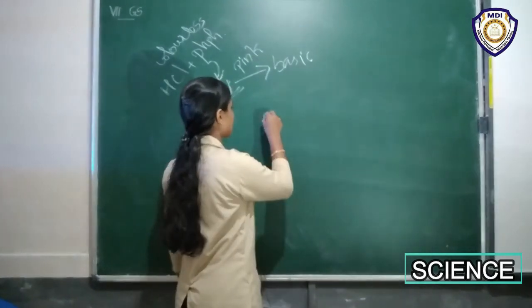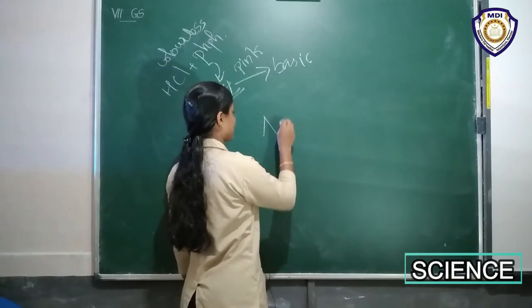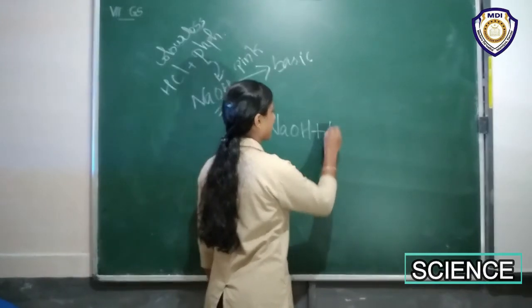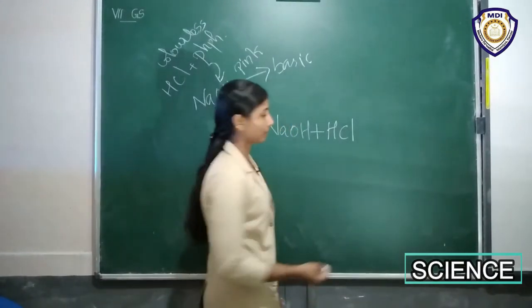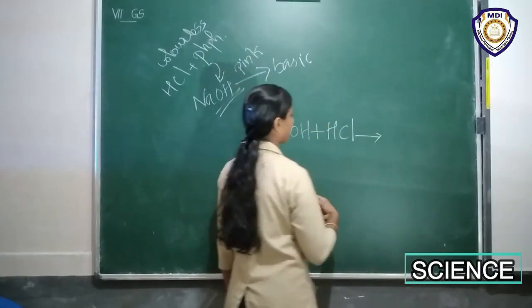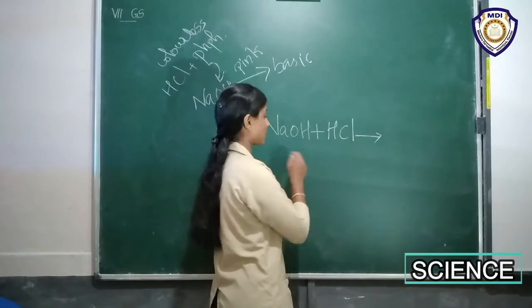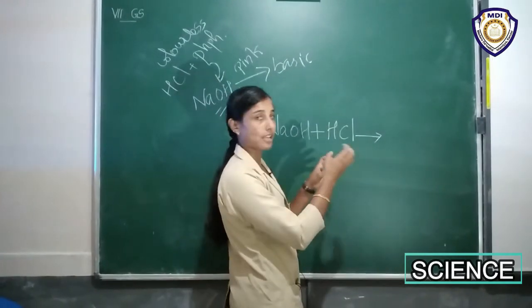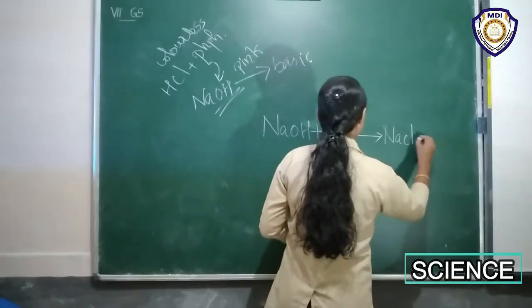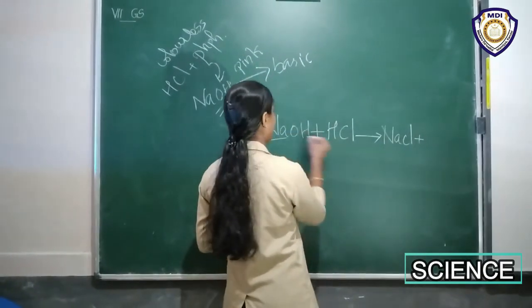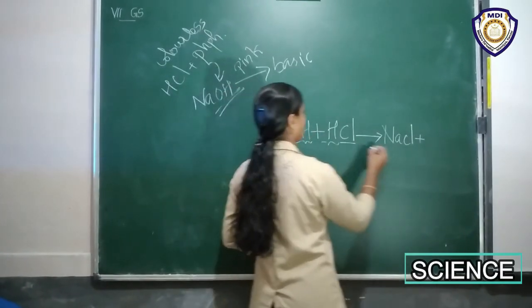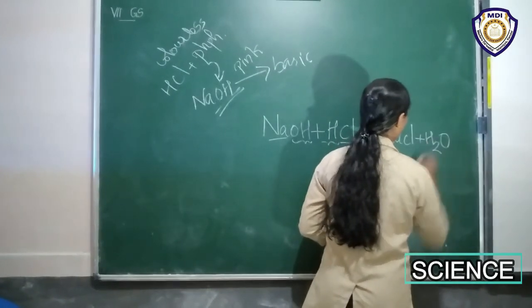Now I will give an example. NaOH is a base and HCl is an acid. When this NaOH and HCl react together, what will be the result? This is a neutralization reaction. A suitable amount of NaOH and HCl are mixed together. It will form NaCl salt, that is, Na and Cl combined together, and the remaining OH and H will form H2O, right?